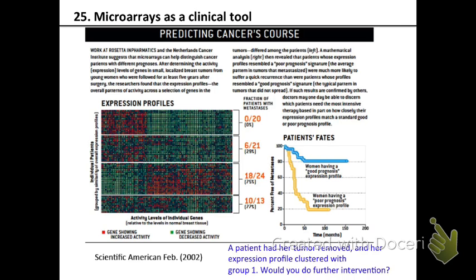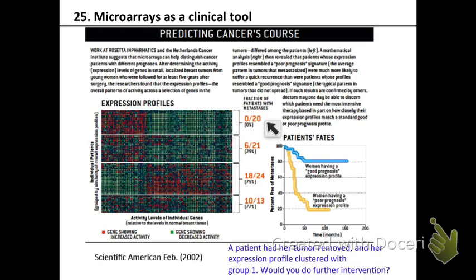Okay, so let's say you are that doctor. You had a patient and you removed her tumor, and you also had the microarray data. You looked at the expression profile of this patient, clustered it with the known other patients, and found that your patient's expression pattern is similar to this group of patients shown here.